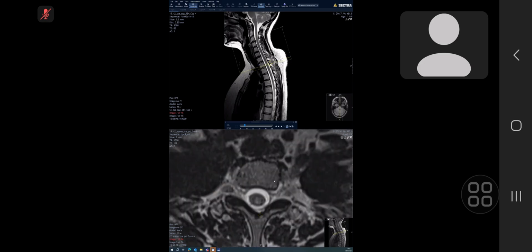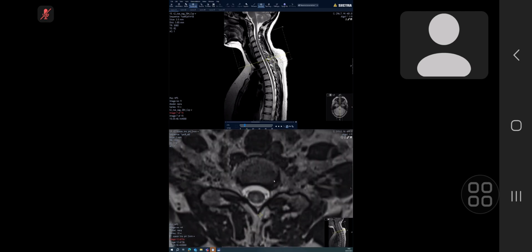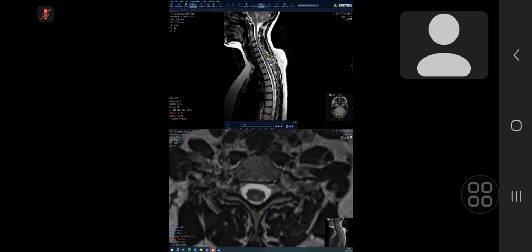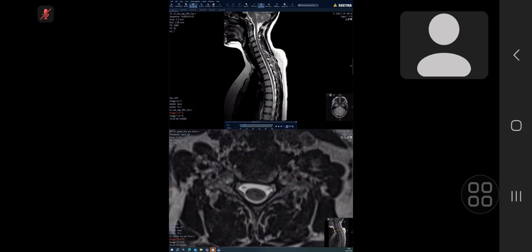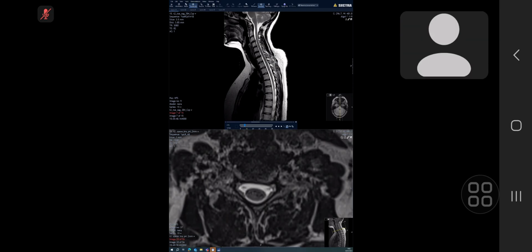So since it's a long segment, furthermore, I would like to see the diffusion weighted images of the cervical cord as well if they're there. No, there is no diffusion weighted image. What is the purpose of you asking for diffusion? Just to rule out any ischemia.